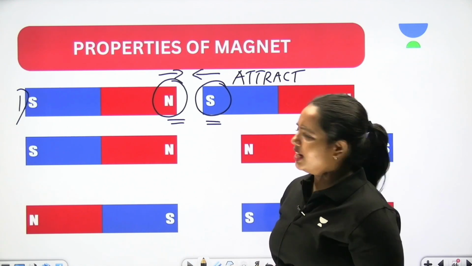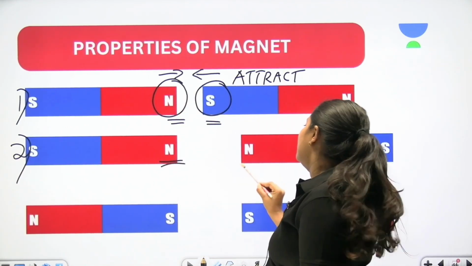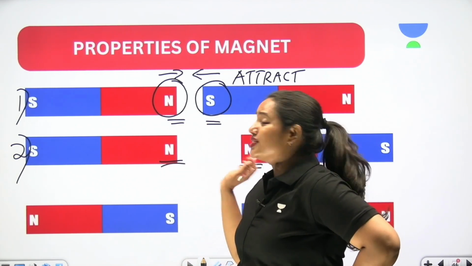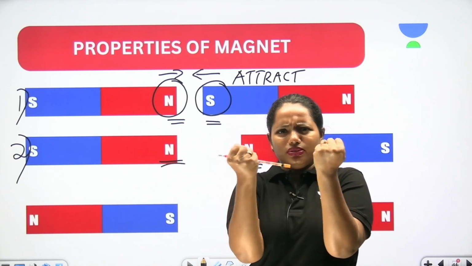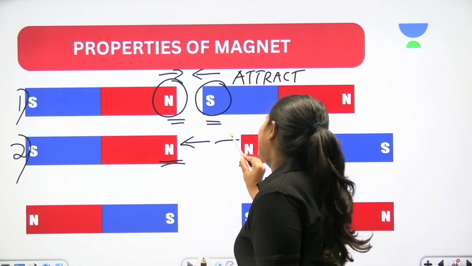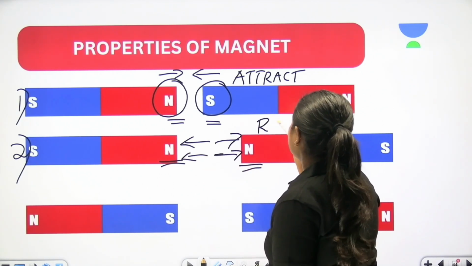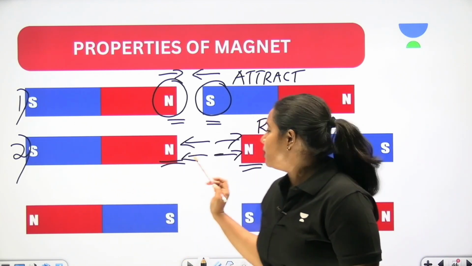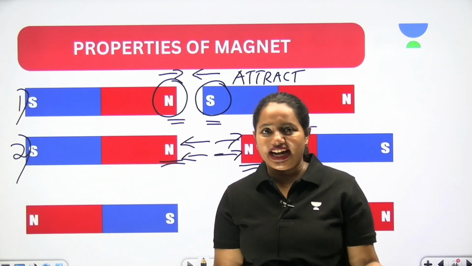And what about the second case? This is the second case. You can see that here it is north pole and here it is also north pole. So what happens? We have similar poles. So when I try to make them closer, I will not be able to, right? We have same poles here. So they will repel each other. They will not attract. They will repel each other. As you keep two same type of poles together, they cannot attract.